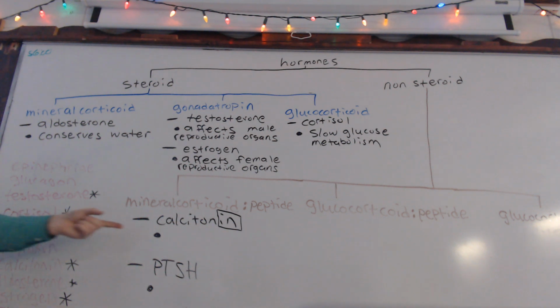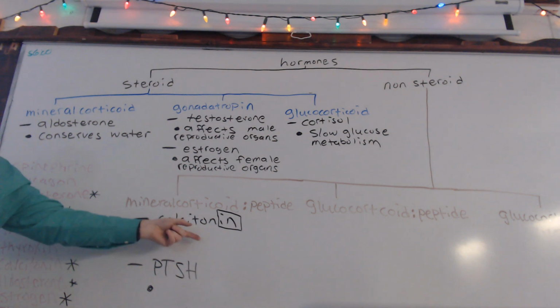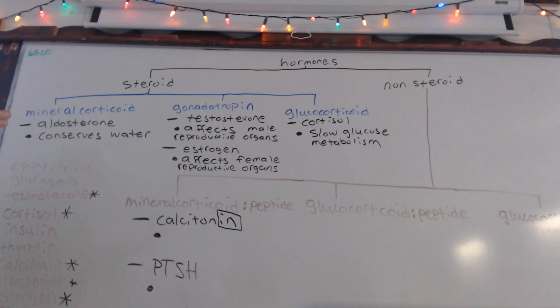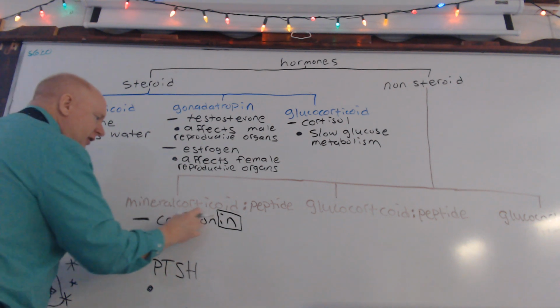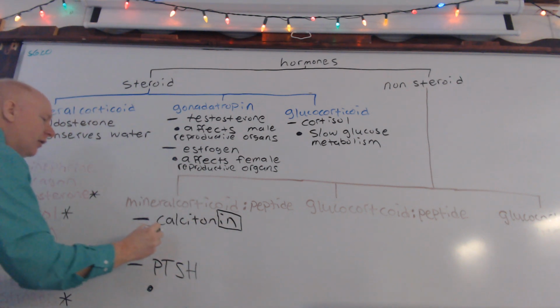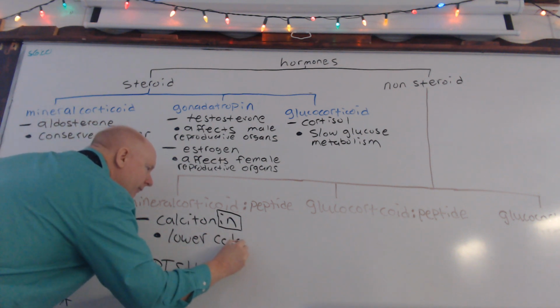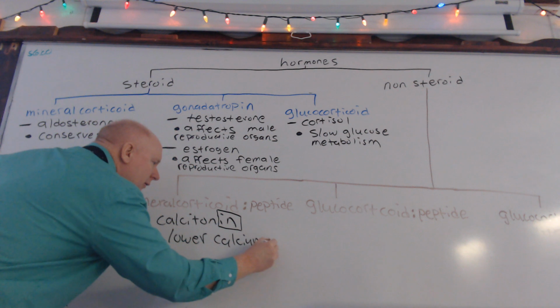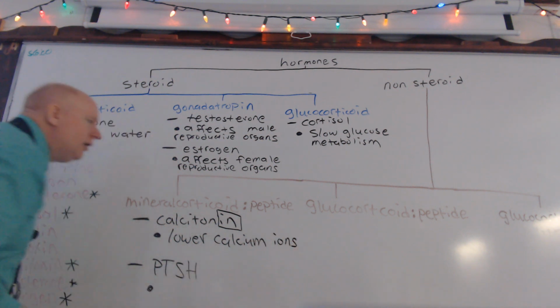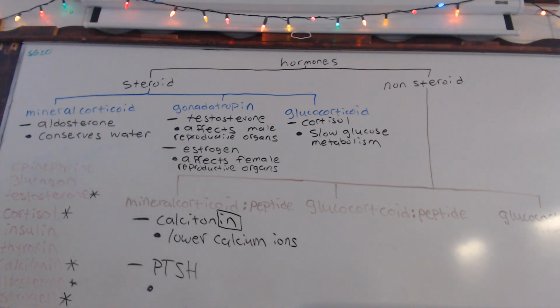So it's not that it forces, that's just the way we want to associate that it pushes the calcium ions back into the bone. So this will lower calcium ions. So if it's lowering calcium ions, it's lowering the concentration. That would be axiomatic.